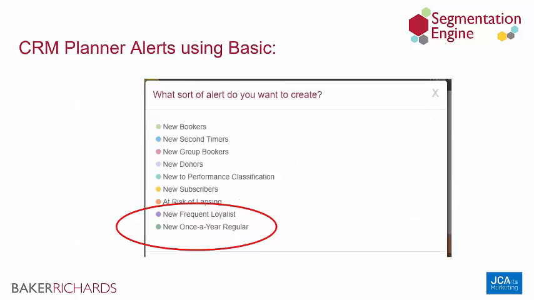This is particularly important because now that we have the CRM planner, we have some alerts that are making use of the basic. So these last two types at the bottom, the new frequent loyalist and the new once a year regular, they make use of the basic. New frequent loyalist will capture anyone who is making the booking that turns them into a multiple.